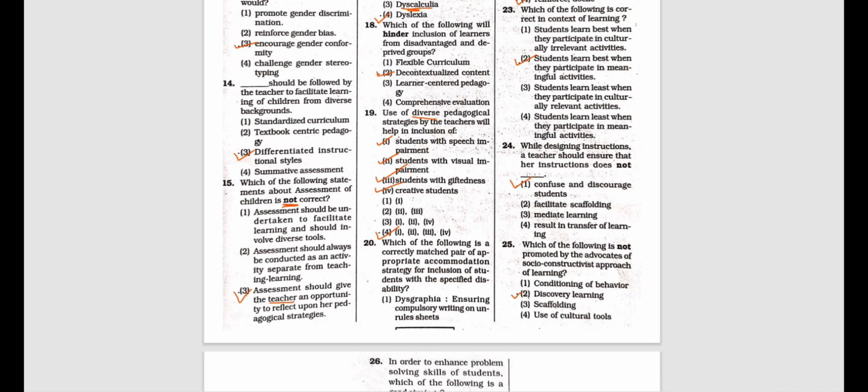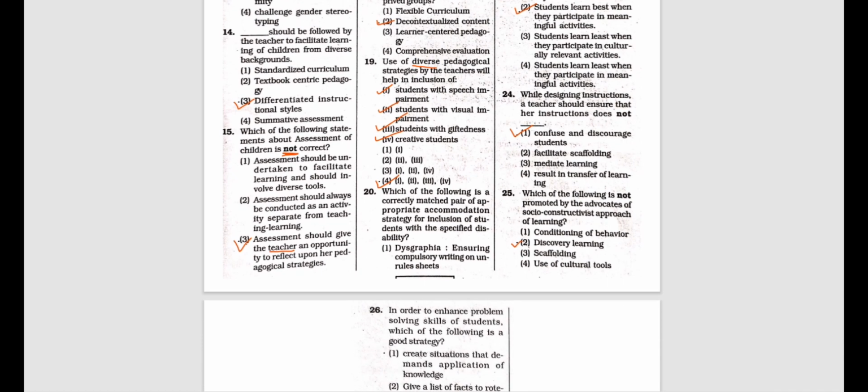Right, so whenever you hear the word socio-constructivist or socio-cultural, these things are related with which educationist? I suppose you remember, it is always related with Lev Vygotsky, right? Remember that. Now let's go to question number 26.